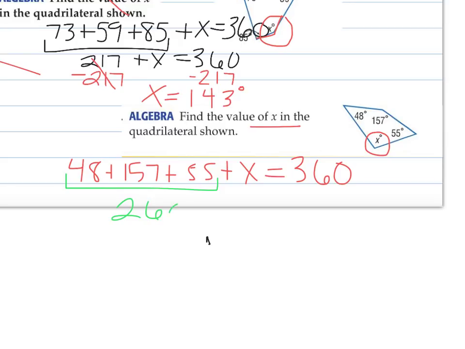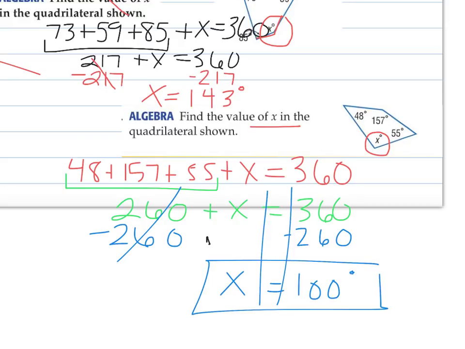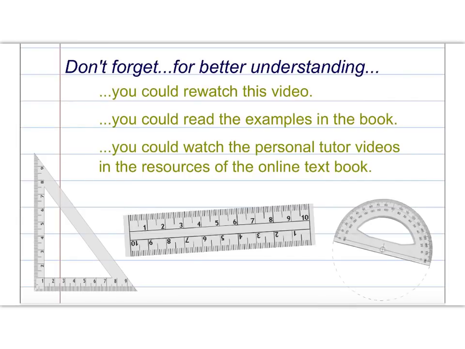Those all add together for 260 plus what number gives me 360, showing my work, of course, even though it might be obvious to myself at this time. Taking away to find out what is left would be a 100-degree angle. You can always plug in your solution to check, which would be a great resource.